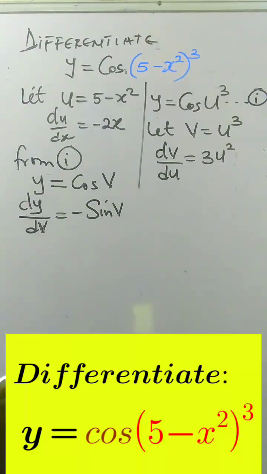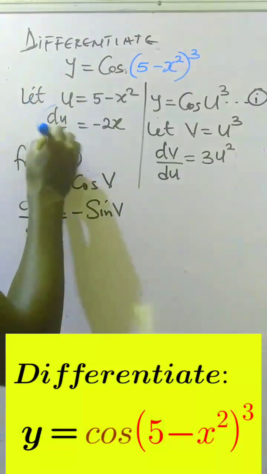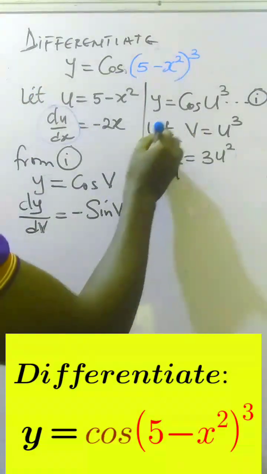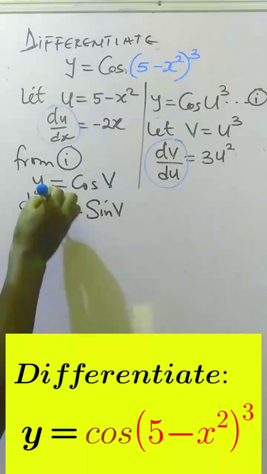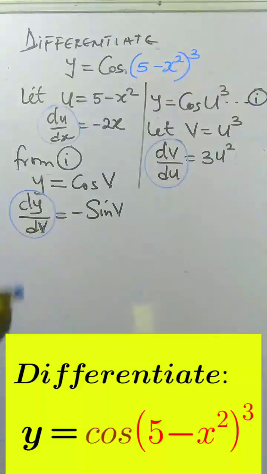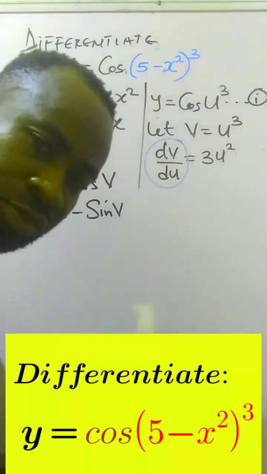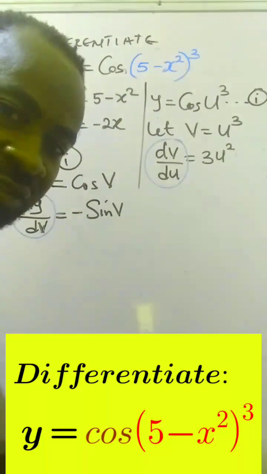Okay, I think I'm done now with all that I need. If you check, I'm having this derivative, this derivative, and this derivative. So all I'm going to do now is make all these derivatives into a chain.